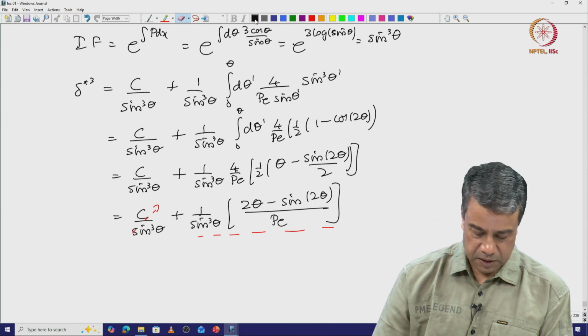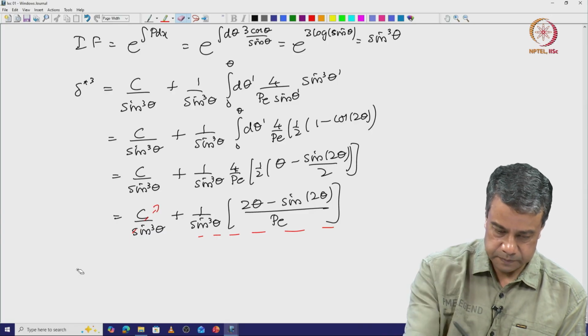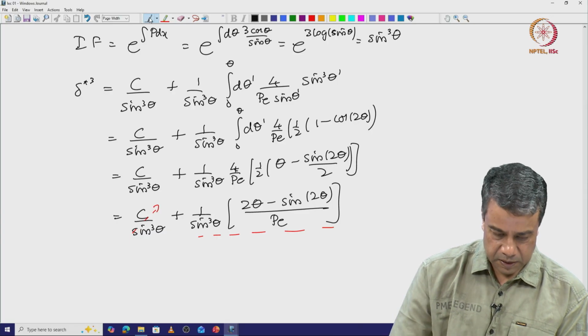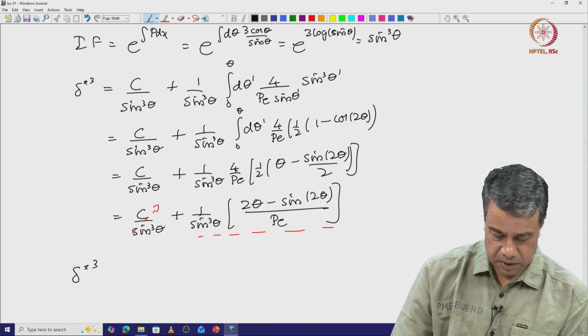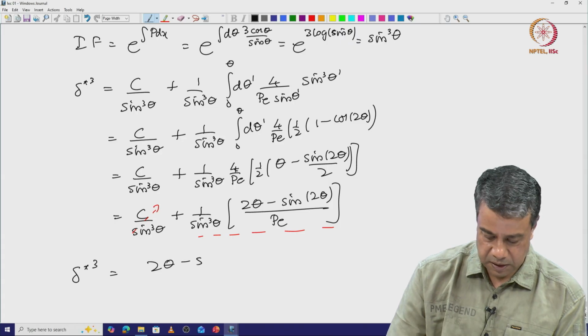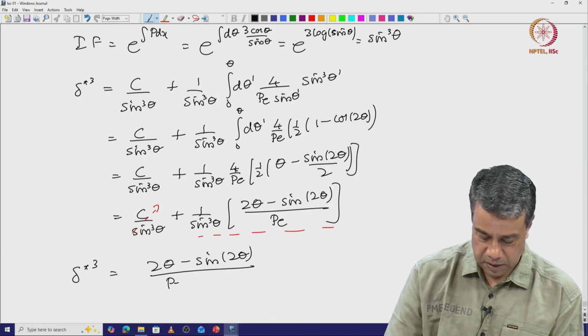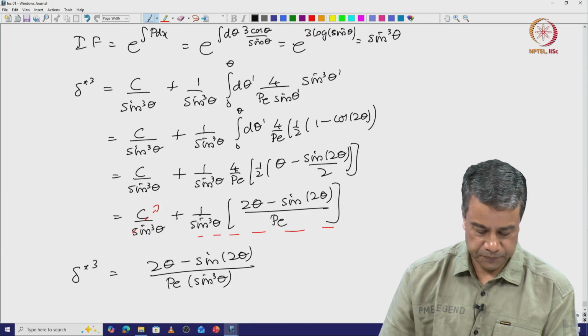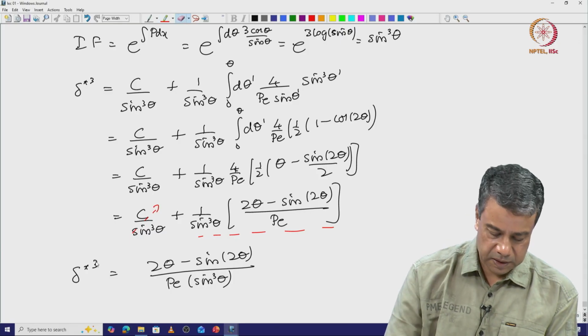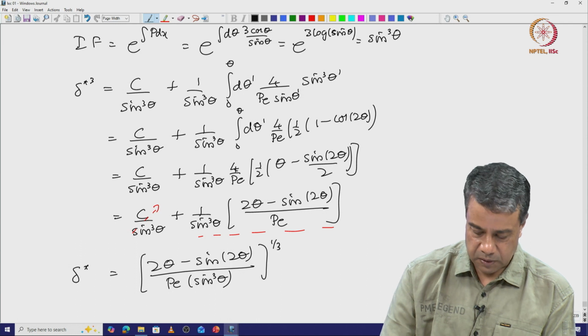Therefore, I get an expression for the boundary layer thickness: delta star cubed is equal to (2 theta minus sine of 2 theta) by Pe into sine cubed theta, or the boundary layer thickness delta is this whole thing to the 1/3 power.